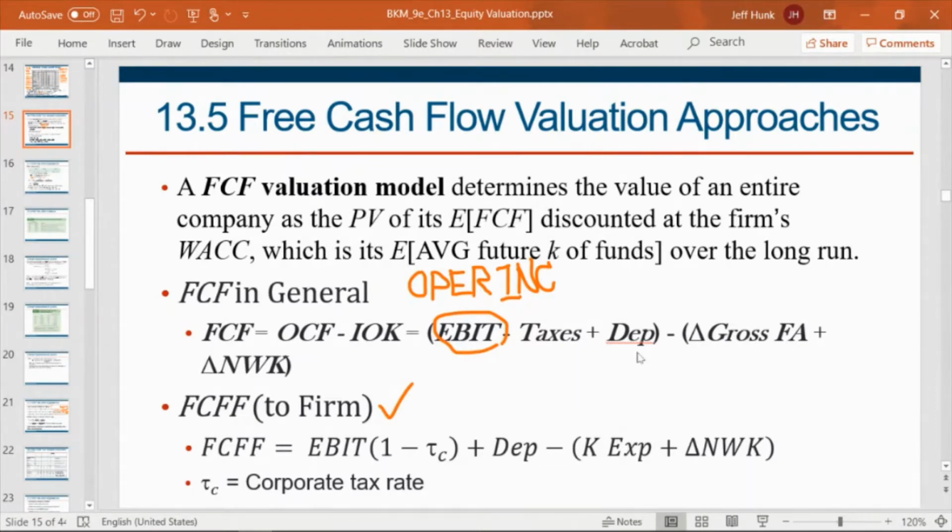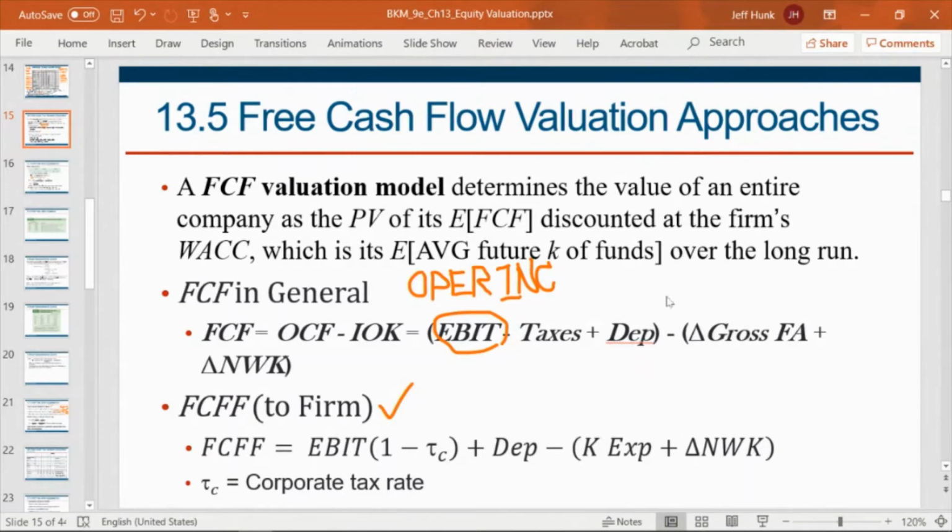Now, why do we add back in depreciation? If you remember from Finance 230 or Business 210, business math, depreciation is part of the operating expenses.